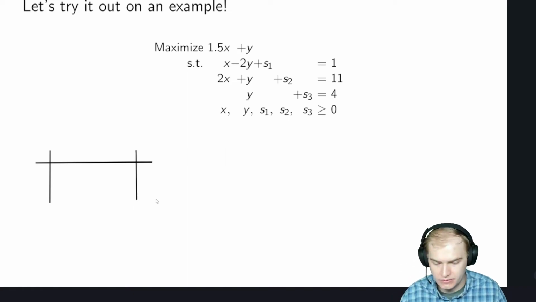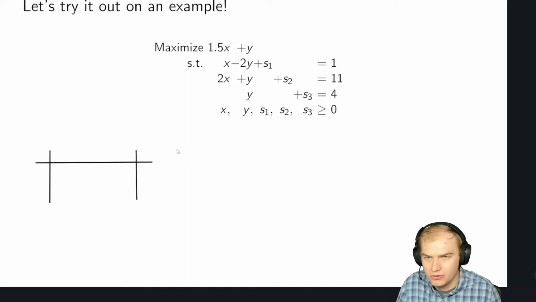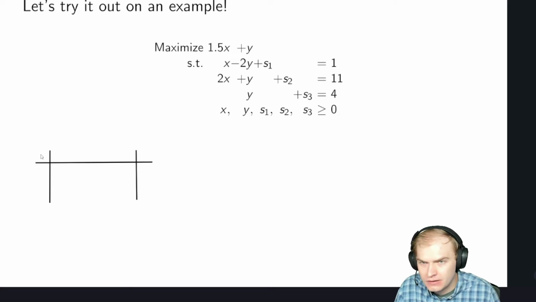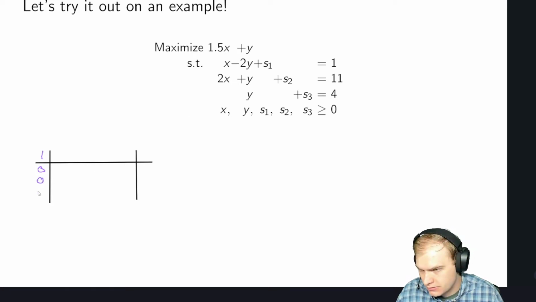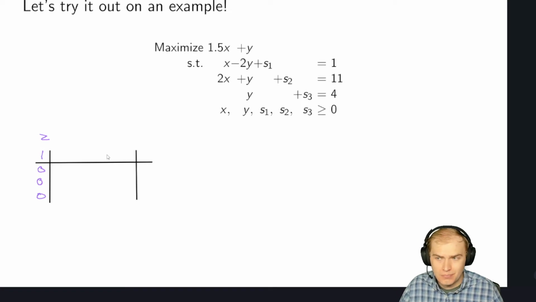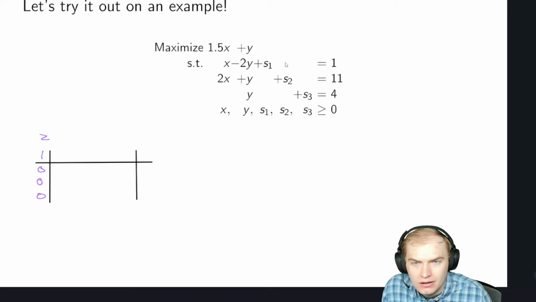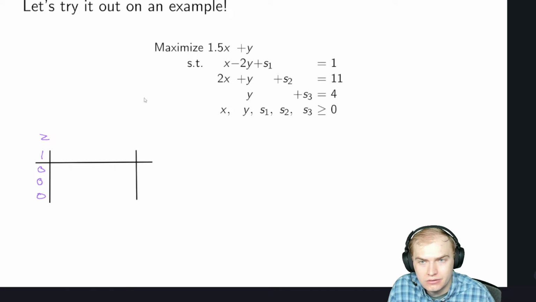Just to make this a little more legible. We have 3 constraints. So our Z column looks like this, and our constraint column has the matrix A in it.